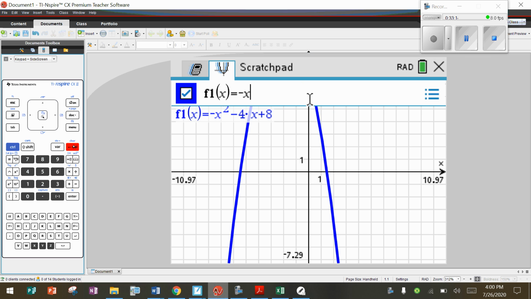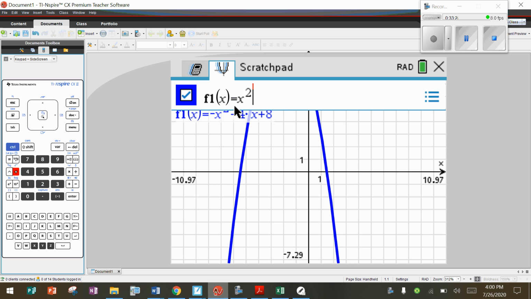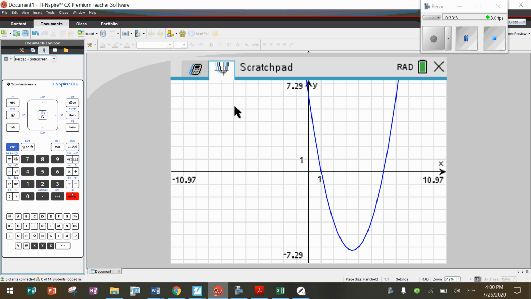So I use my delete button to clear out the old function. I'm going to type in the new equation, and that way I only have one equation to worry about. So I type again, x squared minus 7x plus 6, and then hit enter, and notice my picture changes.